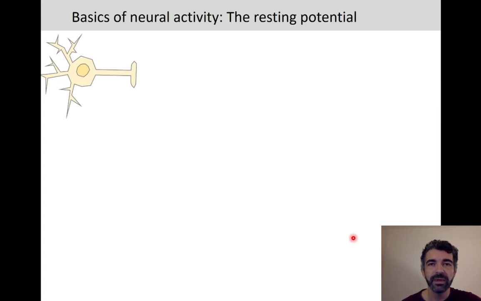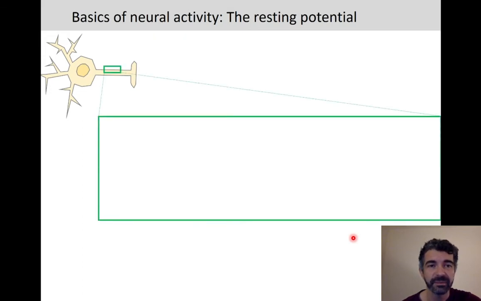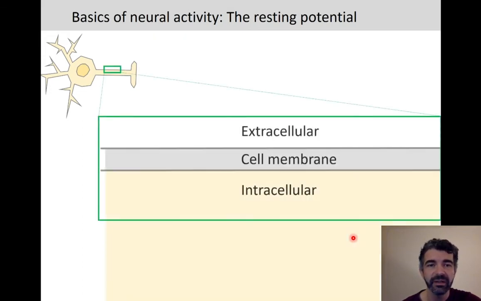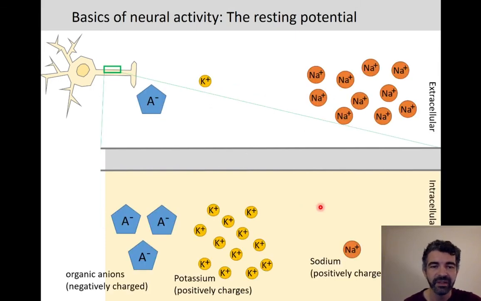Okay, let's talk about the resting potential. This is when nothing is really happening in a neuron, but actually something is happening to keep the resting potential stable, and how that works I will explain in a second. Let's zoom in on an axon here. You can see the extracellular space, the cell membrane is here, and this is the intracellular space.